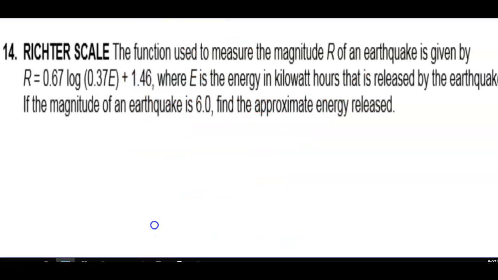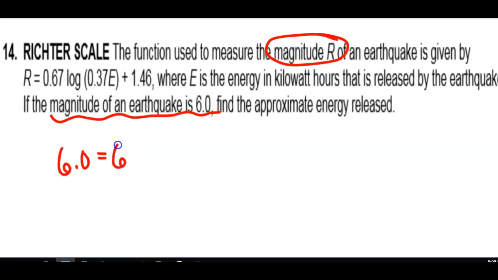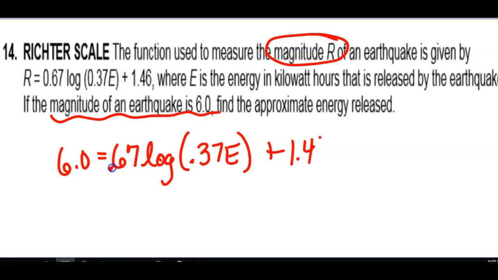One more. It says the Richter scale uses logs. The function used to measure the magnitude r, so r is our magnitude, which here it says is 6, is this equation, 0.67 log of 0.37e plus 1.46, where E is the energy in kilowatt hours, and we're supposed to find the energy of this equation.